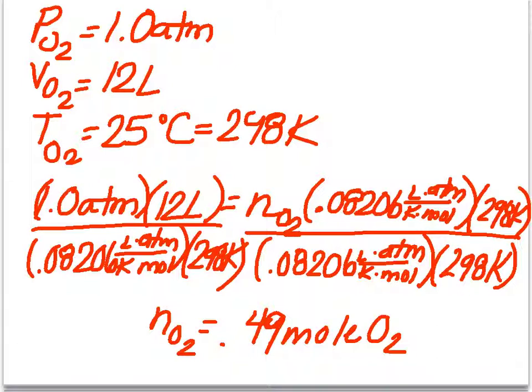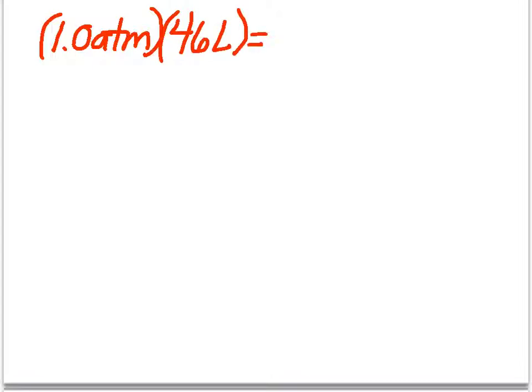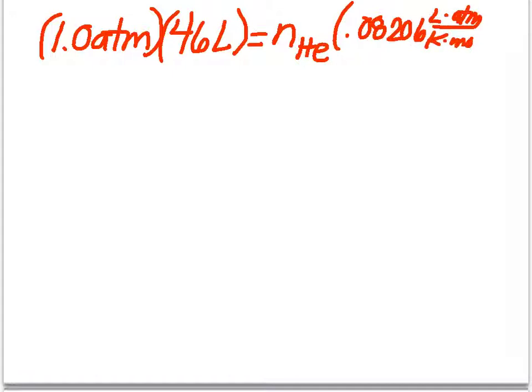So we're going to hold that information for a little bit while we figure out the moles of helium that are present. To determine moles of helium present, we're going to use our pressure, which is 1.0 atmospheres, times the volume of just the helium, that's 46 liters of helium, is equal to the moles of helium times R, which is 0.08206 liters times atmosphere over Kelvin times mole, times the temperature, which is 298 Kelvin.